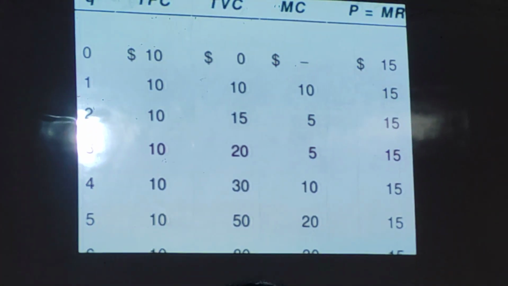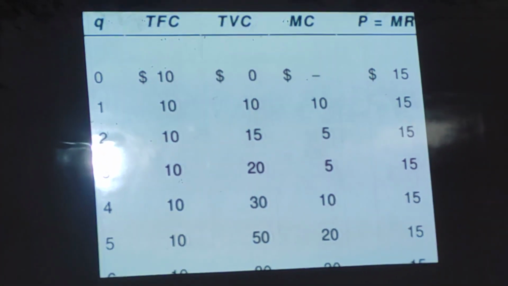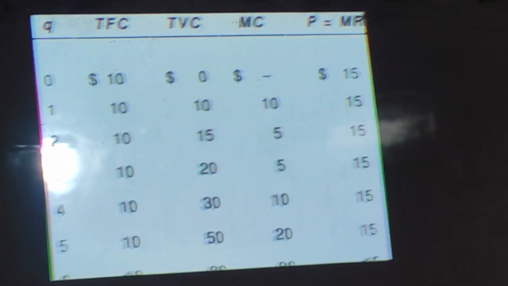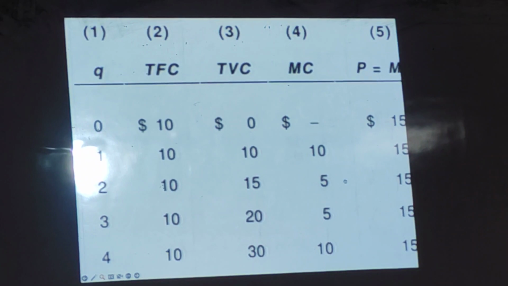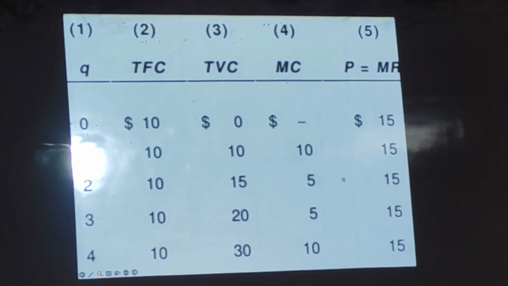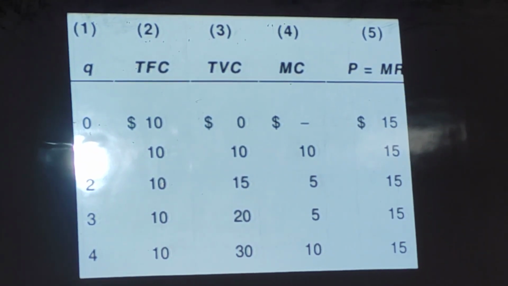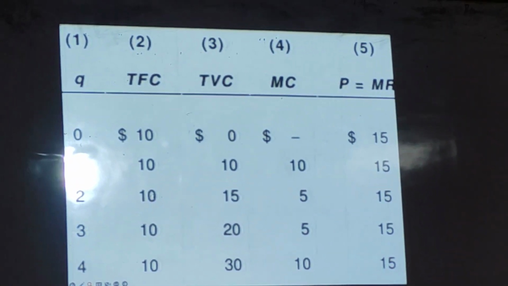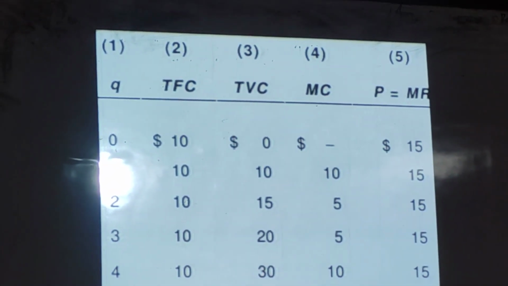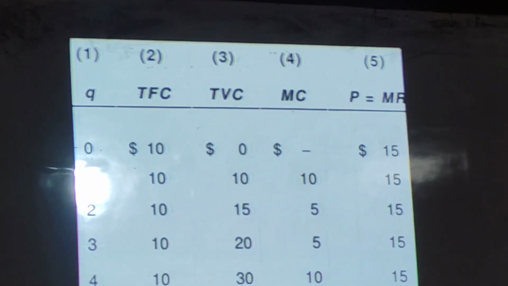At what quantity? 5, 4, 0. The golden rule: marginal revenue should be equal to or higher than your marginal cost.